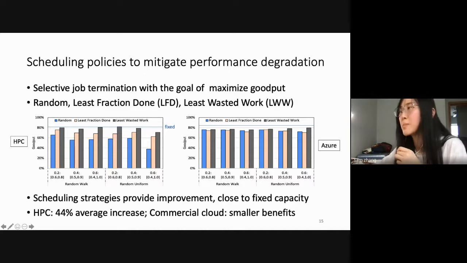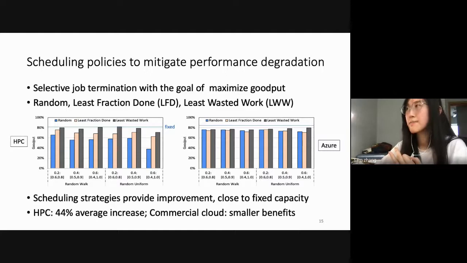The rightmost bars compared to the blue bars, for the HPC case, are close to the fixed scenarios. And HPC has larger improvements, about 44% on average, whereas the commercial cloud has smaller benefits because there's less improvement that needs to be done.